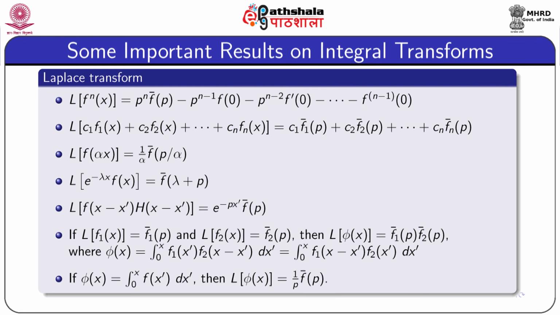And the last result shows the Laplace transform of an integral. So, if phi(x) is the function integration 0 to x f(x dash) dx dash, then Laplace transform of phi(x) is equal to 1 by p f bar(p).